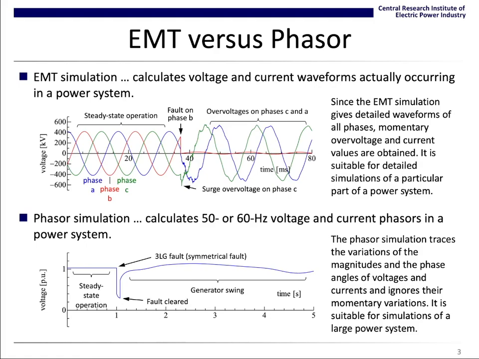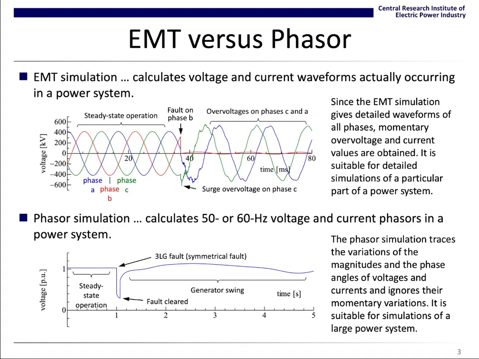Since the EMT simulation gives detailed waveforms of all phases, momentary overvoltage and current values are obtained. It is suitable for detailed simulations of a particular part of a power system.